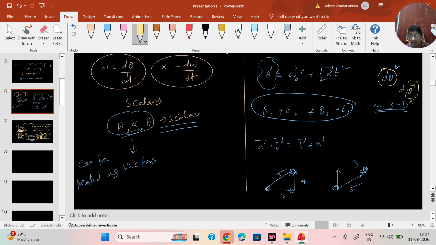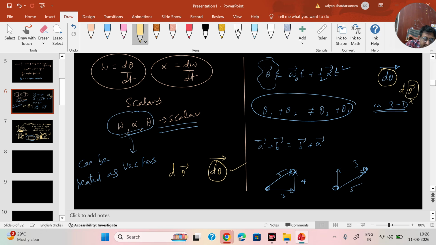Even the way you write is very important. There is a difference between d of theta bar, which is wrong, and d theta whole bar, which is fine. You're treating d theta as a whole as a vector. So that distinction matters here, even how you are writing.